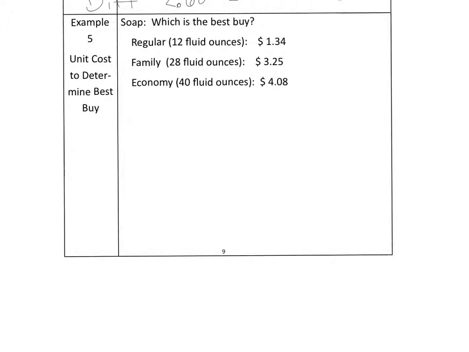In order to do this, we have to calculate the unit price for each of these. So we have $1.34 for the regular divided by the 12 ounces. And $1.34 divided by 12 is going to give us about, we use the squiggles for about, 0.112.